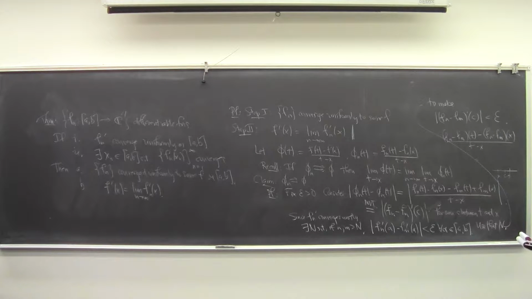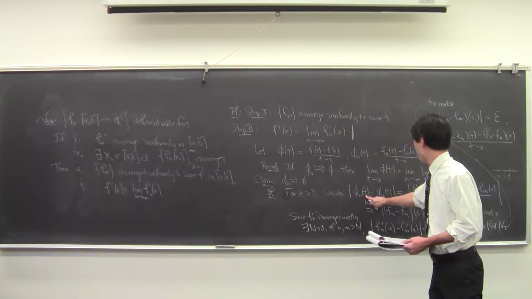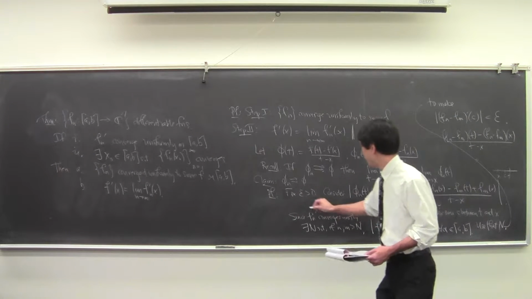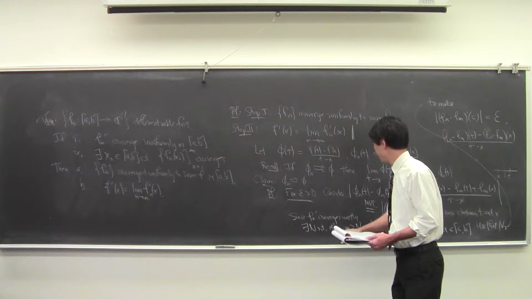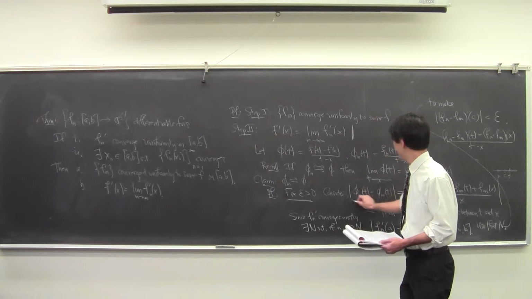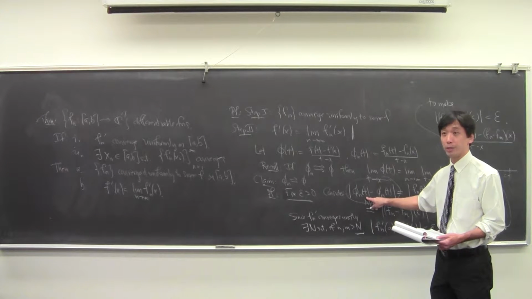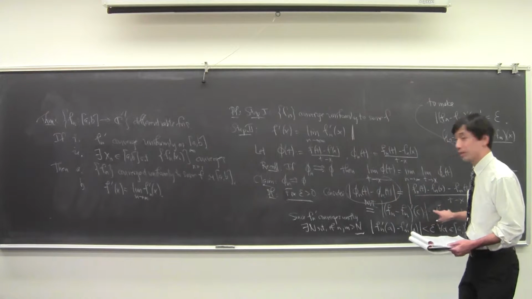But then you just kind of use it for point C. What we're showing is that for any t, given an epsilon, there is an n, so that whenever you're past that n, this thing is smaller than epsilon for whatever t you choose. Oh, I see. Okay. That's what we're showing.